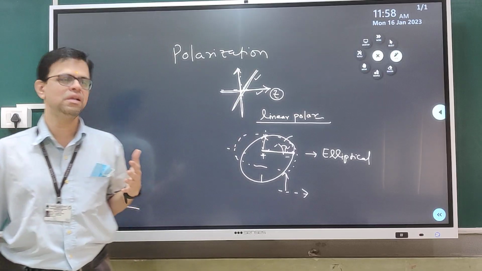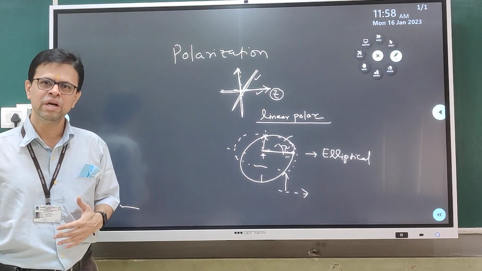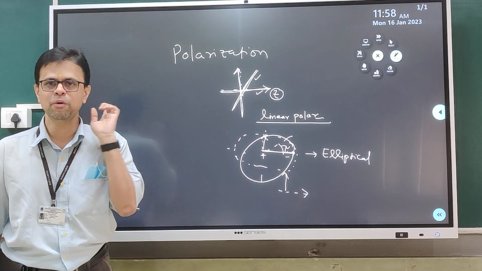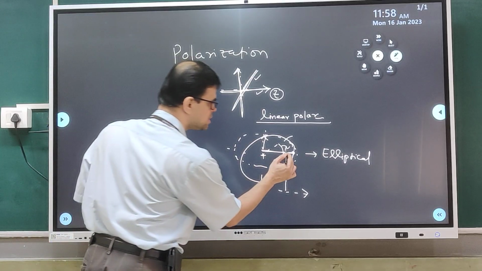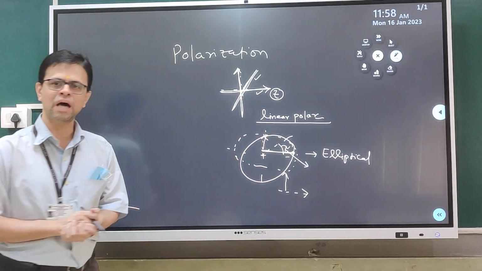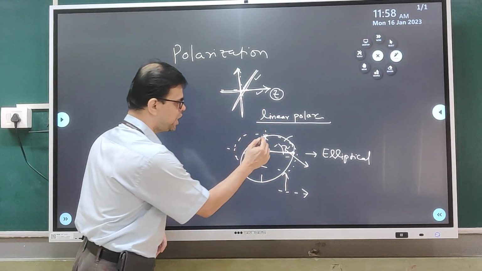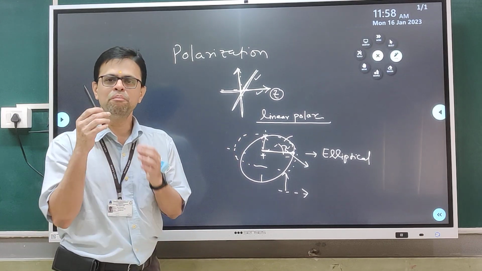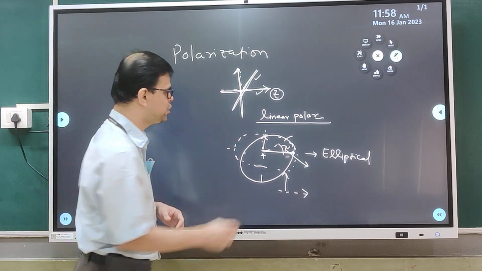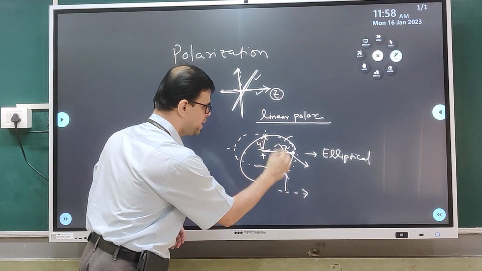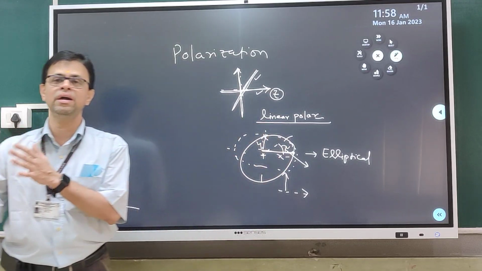Now the best possible match will be obtained in a circular polarized design, because depending upon your ellipse angle tau, your vector shape will be different. Your components of the electric field magnitude in EY and EX will be different depending upon your angle tau.